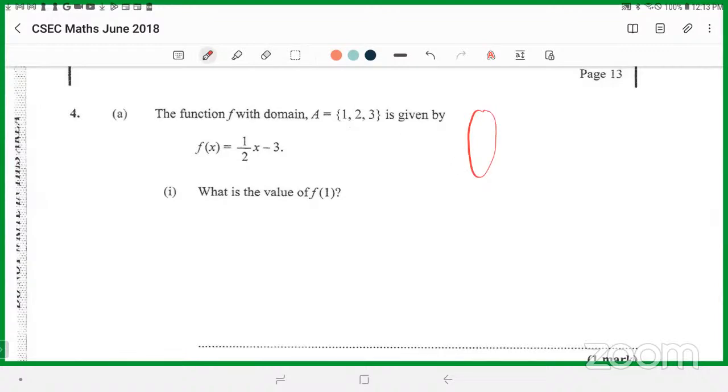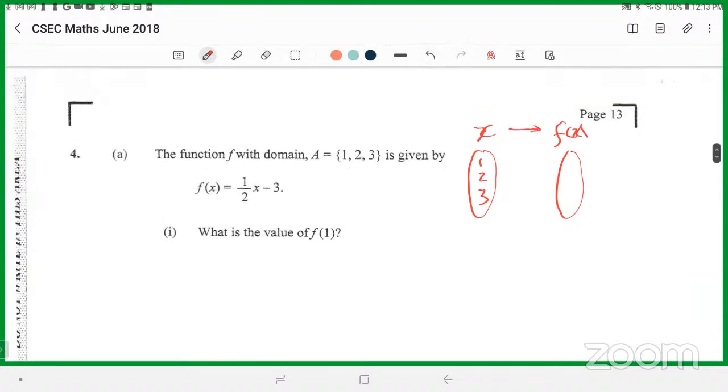Like you have a mapping diagram, and this is the x. The domain 1, 2, 3 in the mapping diagram, and they're going to map over to some function of x. And this is the formula mapping them in between here. The formula mapping them is half x minus 3. This is the formula that's going to work for what 1 maps to, what 2 maps to, and what 3 maps to.